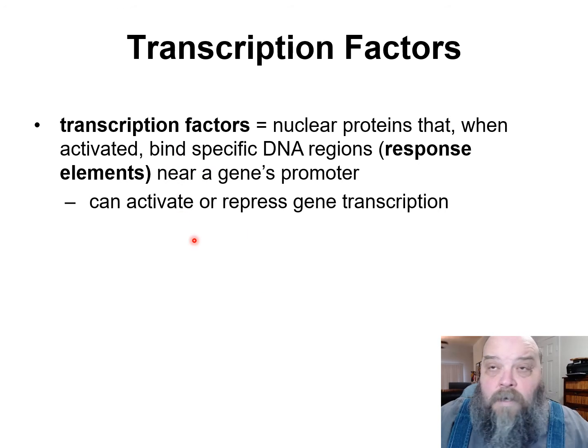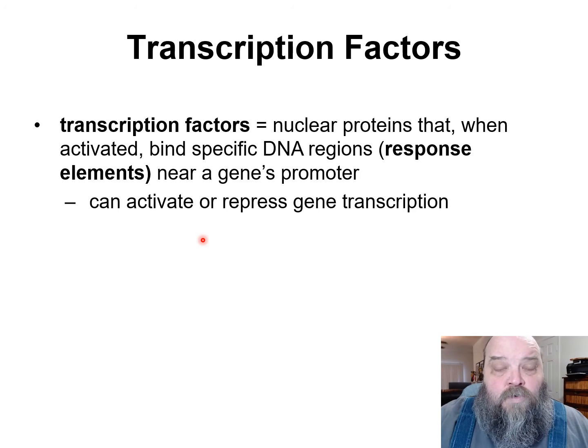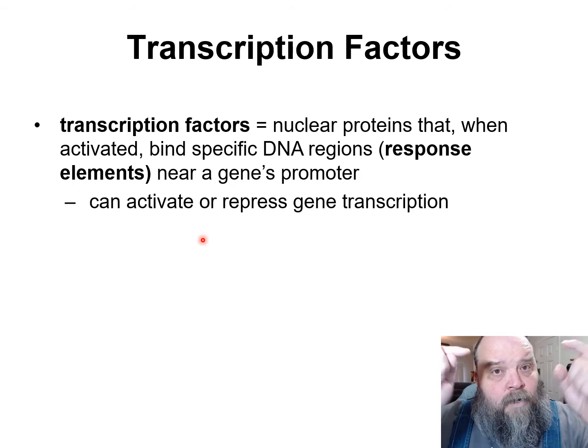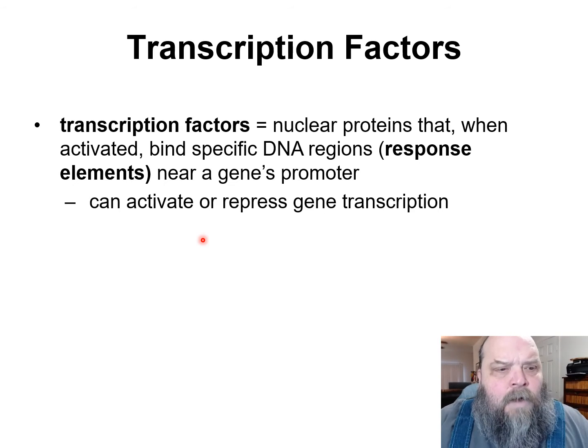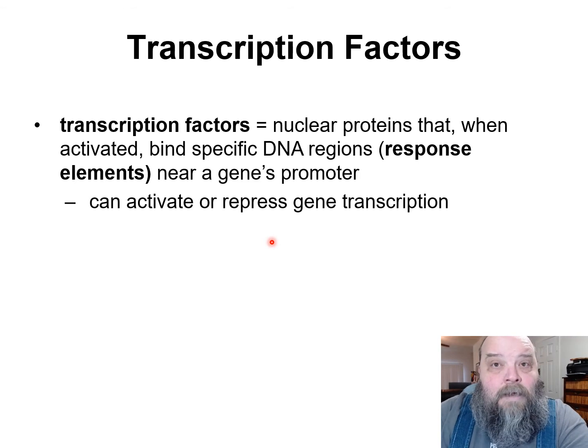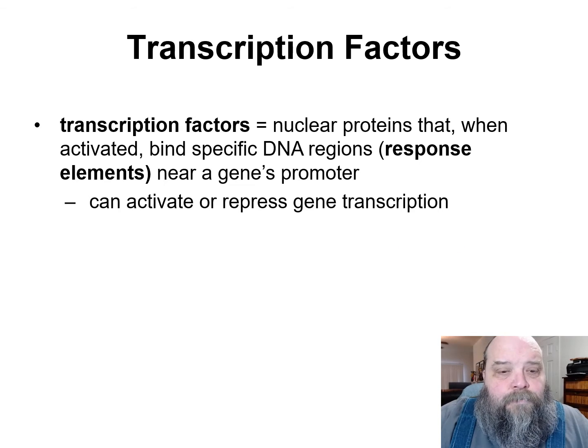Or transcription factors are going to bind around the gene upstream from it, and they're going to recruit in polymerase, saying, here, make this one now. Turns out these transcription factors are going to be activated by signaling pathways, i.e., protein cascades, kinase cascades, that were activated because of some extracellular signal bound to a receptor.